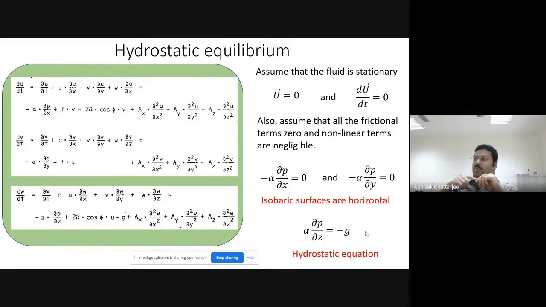So positive Z is up in the atmosphere. But if you go deep into the ocean, then it is minus Z. So if Z decreases in the ocean, that means minus Z is increasing, then the pressure will increase. So this minus sign is basically representing that you have to go deeper into the ocean in order to increase the pressure.